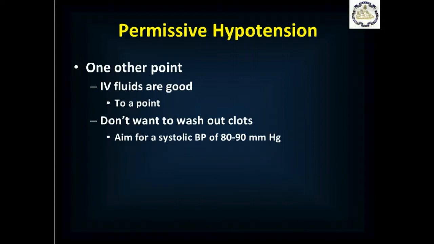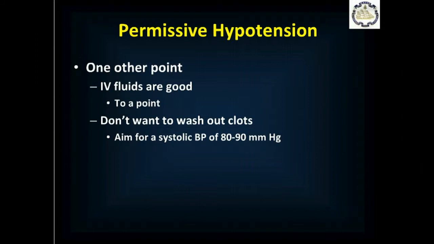One other point in terms of general trauma management principles, and that's the concept of permissive hypotension. So in our trauma patients, we give them IV fluids, and it's probably not a bad thing because we don't want them to have no blood pressure at all from shock. But the problem is the body is trying to plug up all the holes from the trauma, and it does this by forming clots, and we don't want to wash out those clots.